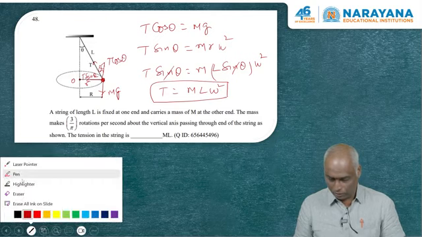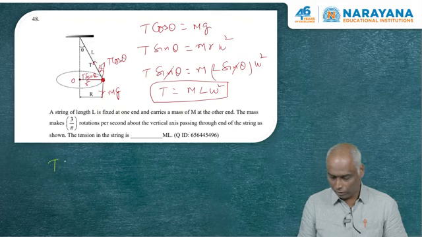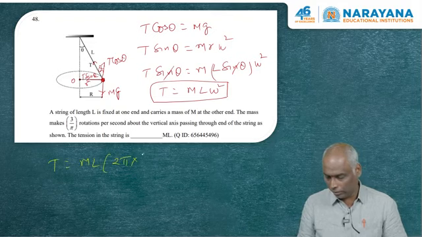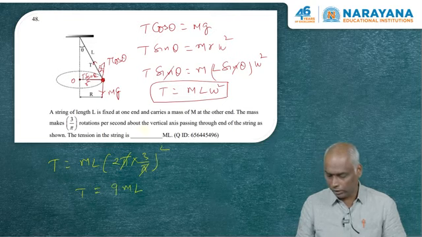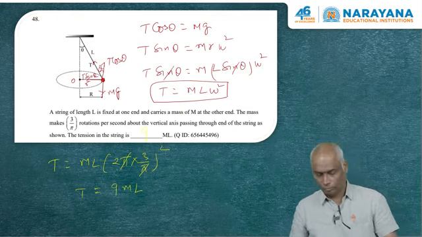Now T becomes equal to m L into omega, which is nothing but 2 pi into frequency. The frequency here is given as 3 divided by pi, whole square. So the value of T becomes equal to 9 m L. So this will be equal to 9. The answer is going to be 9.